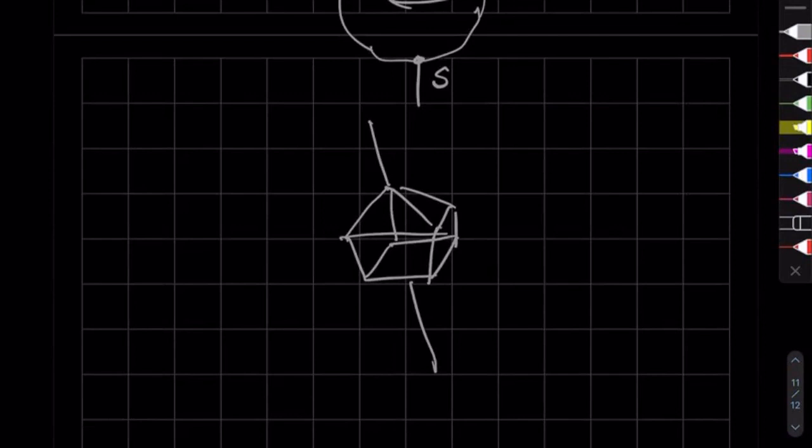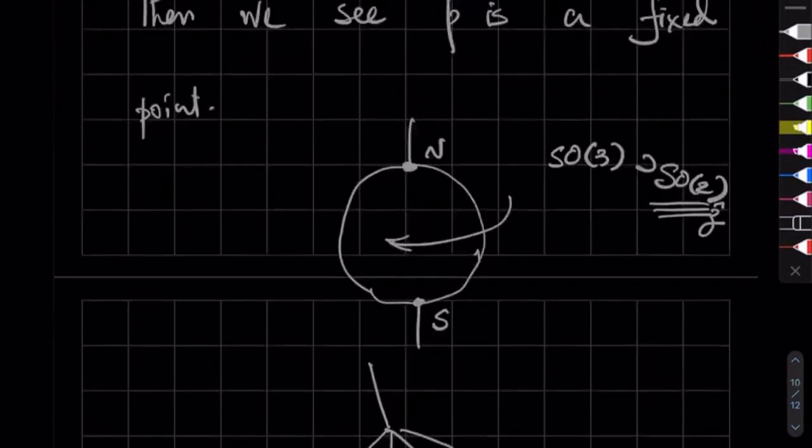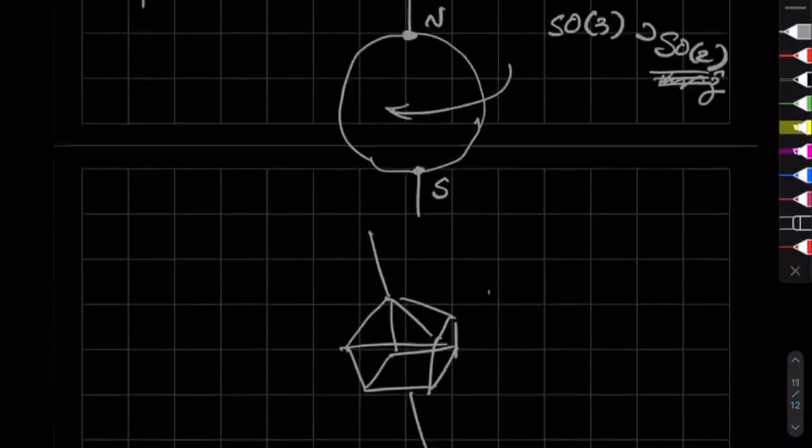Now instead of the rotation being some continuous group, it'll be some discrete group. But the vertex that the axis goes through, around which you rotate, that point will be fixed.